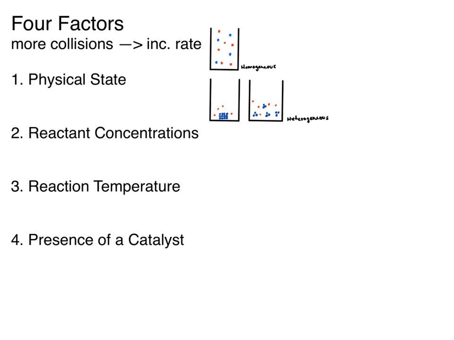What you may notice is that in the case of homogeneous mixtures, all of the particles are able to mix and are dispersed amongst each other. In the case of heterogeneous mixtures, you definitely have a limitation of the interaction between the particles due to there being a solid phase surrounded by a liquid or a gas. So heterogeneous mixtures are going to be limited by the surface area of the solid.